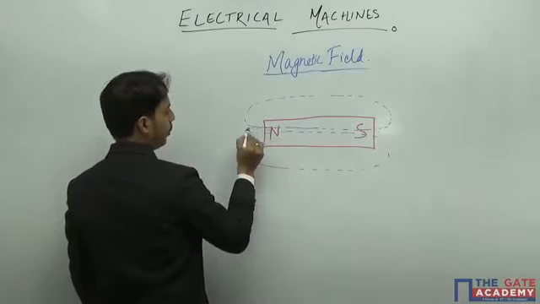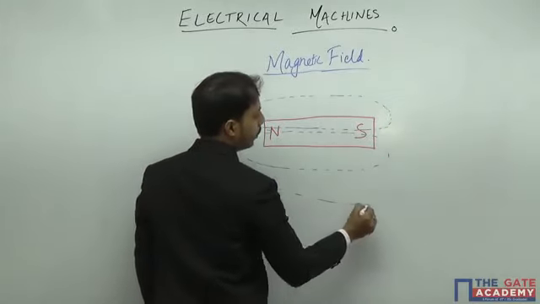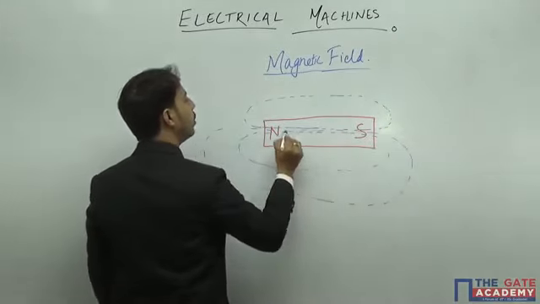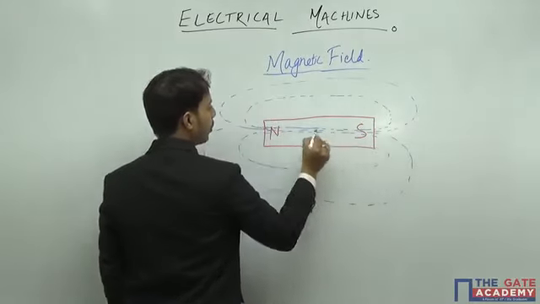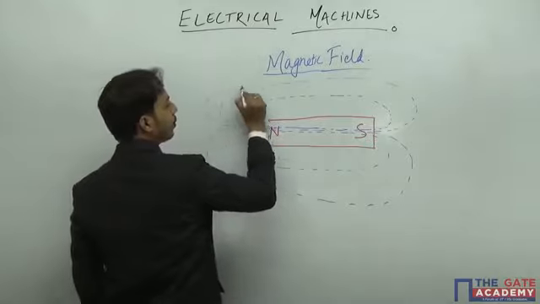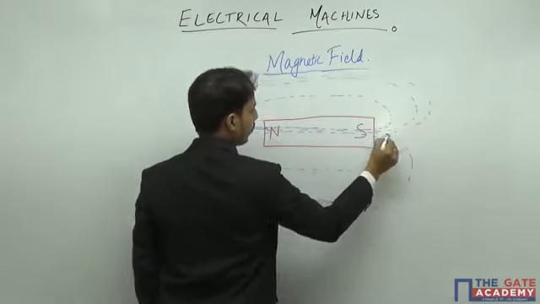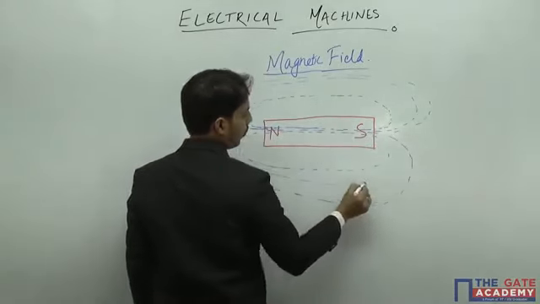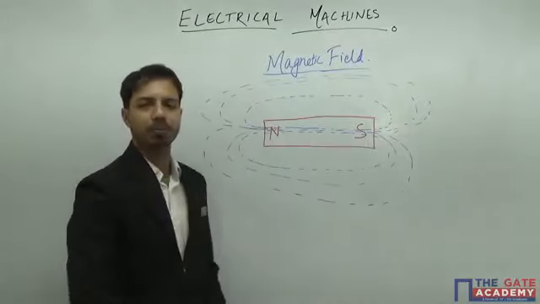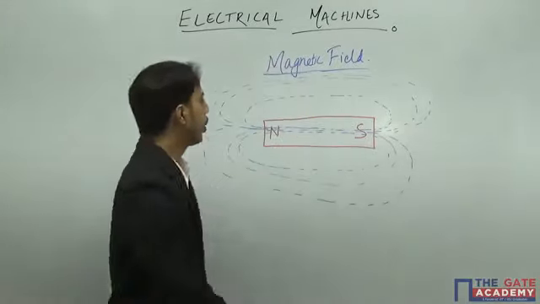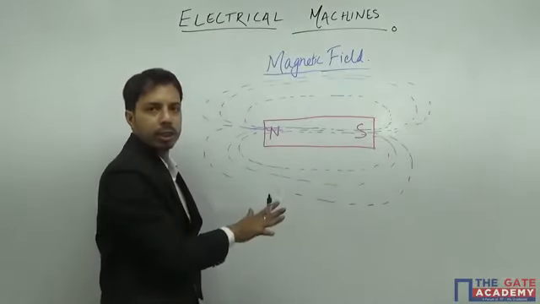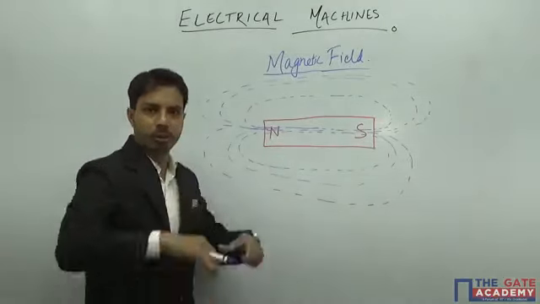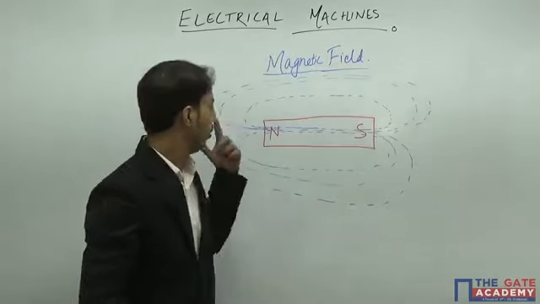This is how these loops are going to be closed. Now this is a 2D picture; in 3D this is going to come out from every possible direction of that particular bar.